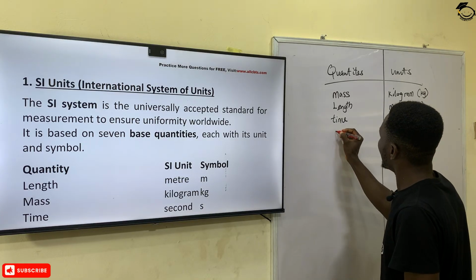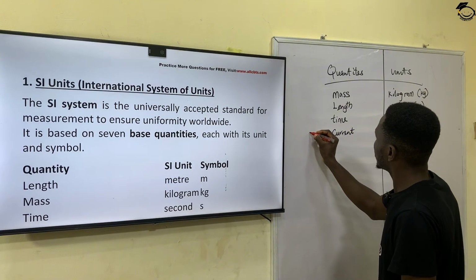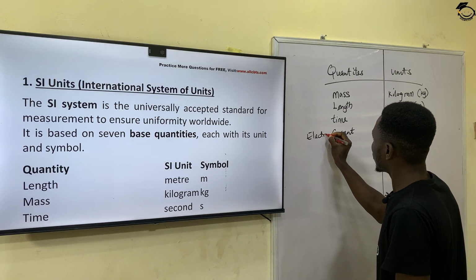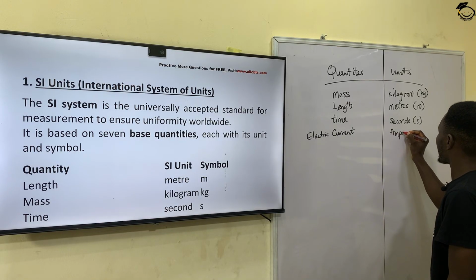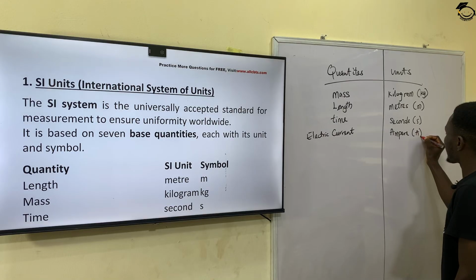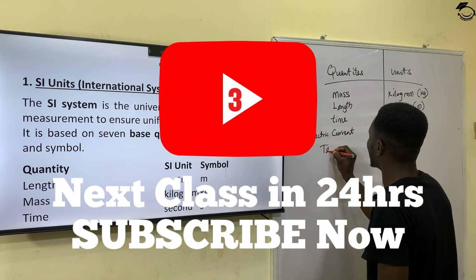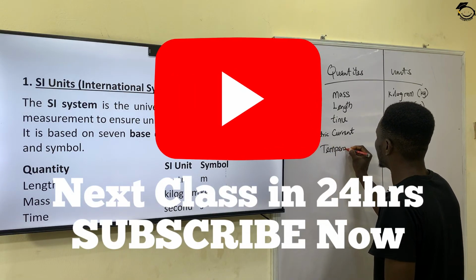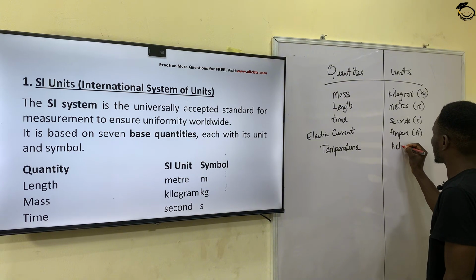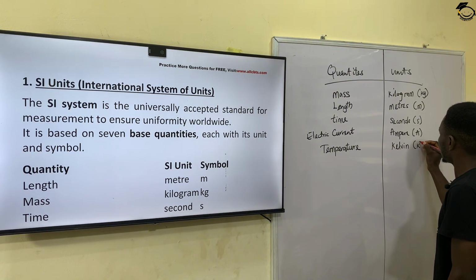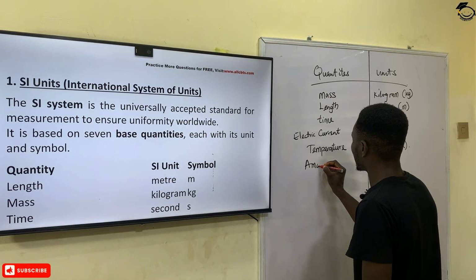Then we have current, or electric current. You can call it electric current or simply current. It is measured in ampere. Then we have temperature. It is measured in Kelvin. Then we have amount of substance.